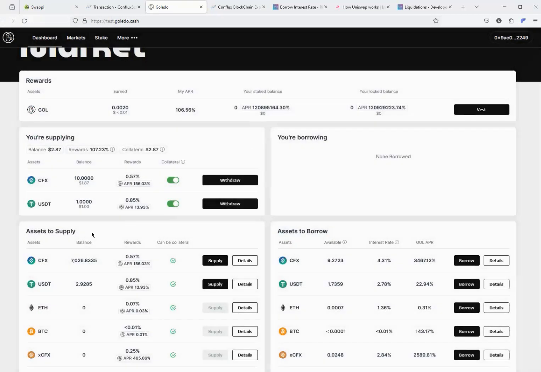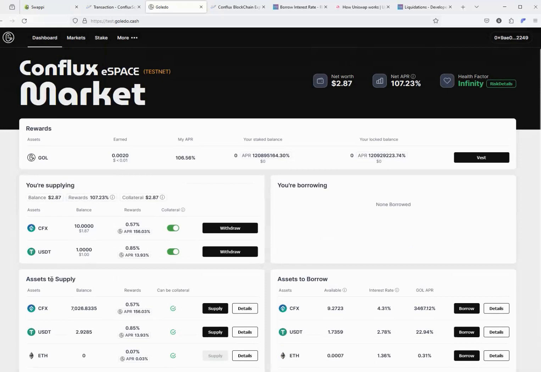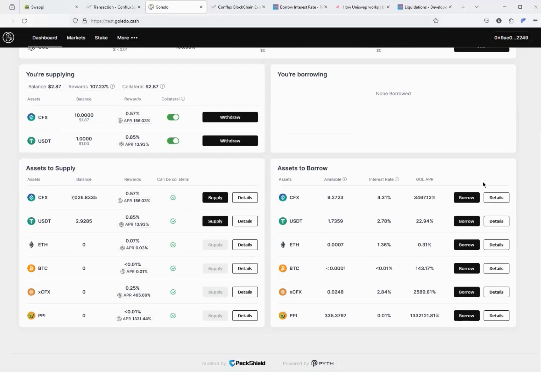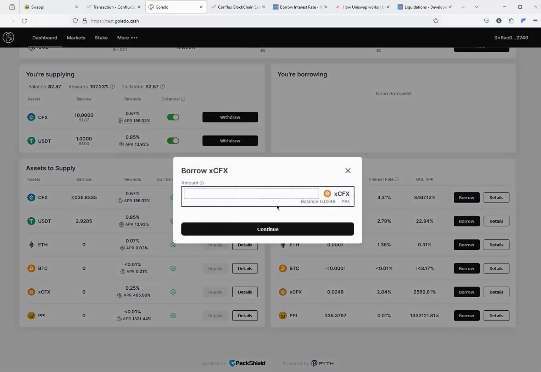Okay, done. We already deposited $1 USDT into the system, and based on the total value we can borrow, we see there is $2.87. So we can borrow, for example, XCFX.